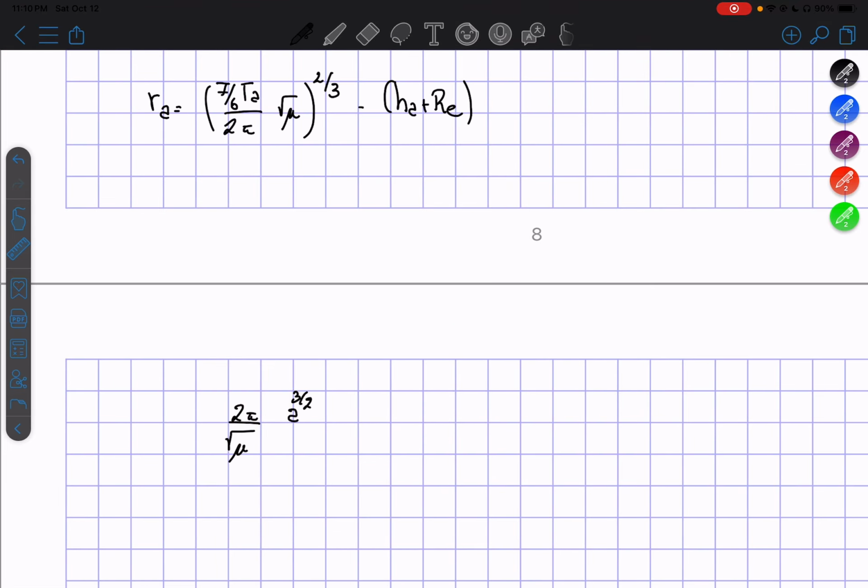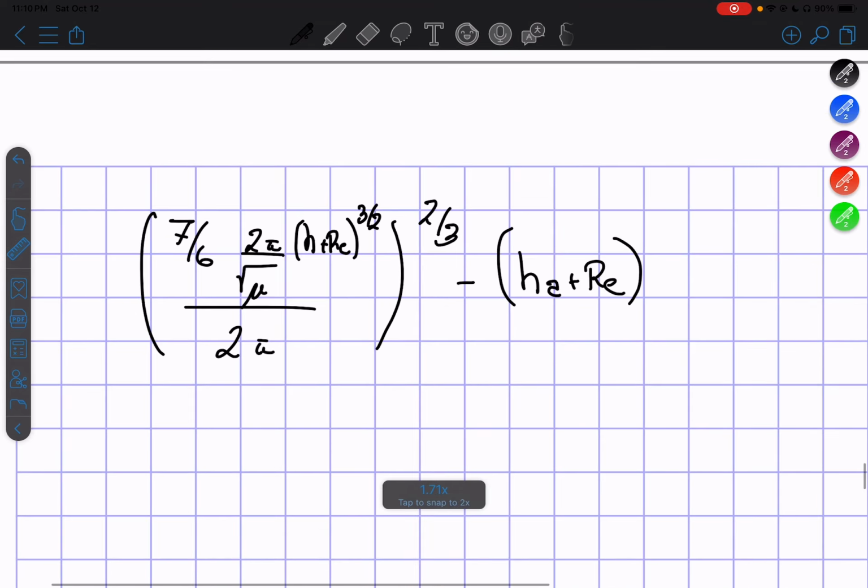So we have 7/6 divided by 2 pi, everything to the power of 2/3, times, where a we said is equal to r, which is equal to h plus re, to the power of 3/2, minus ha plus re.